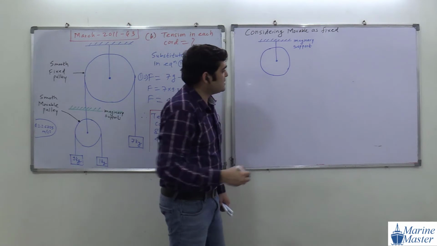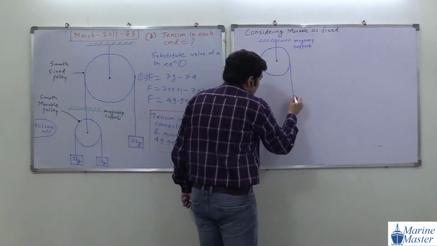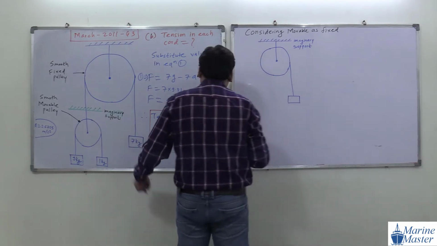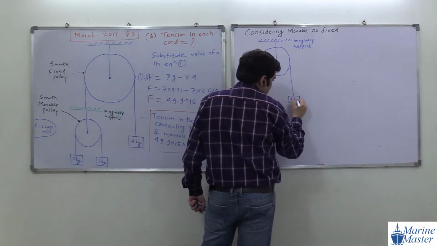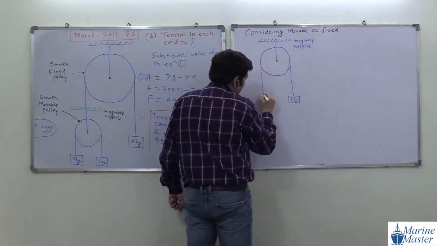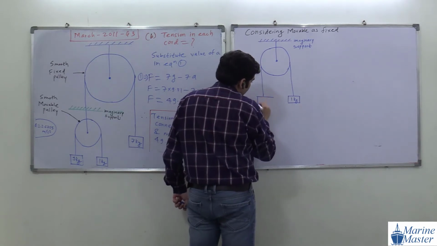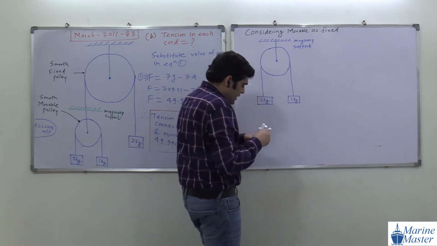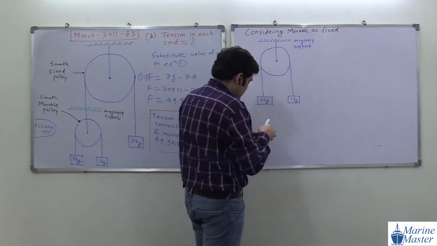On this side, which mass do we have? The 1 kg mass. And on the other side, the 3 kg mass. Now try to see the scenario.